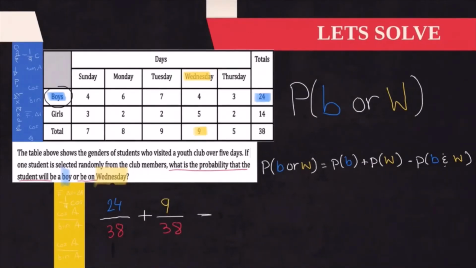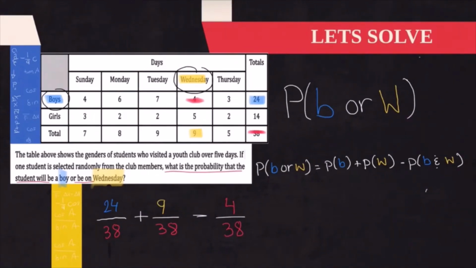Minus the probability of boys and Wednesday, which is the total of boys who attended on Wednesday. 4 boys attended over the total of 38 students. 24 over 38 plus 9 over 38 minus 4 over 38 equals 29 over 38.